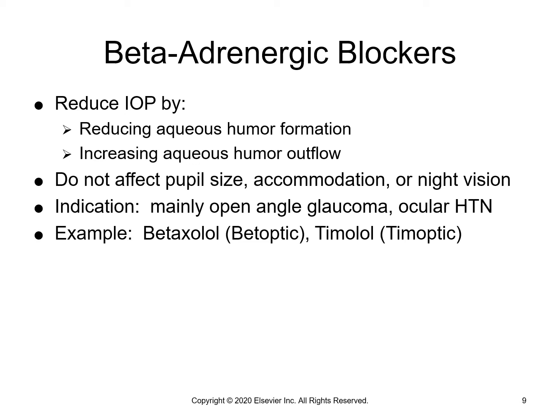It's for the treatment of open angle glaucoma and ocular hypertension. You can recognize these easily by the "olol" ending. I know you've been administering systemic beta blockers in clinical, so this is the same class but in an ocular preparation.